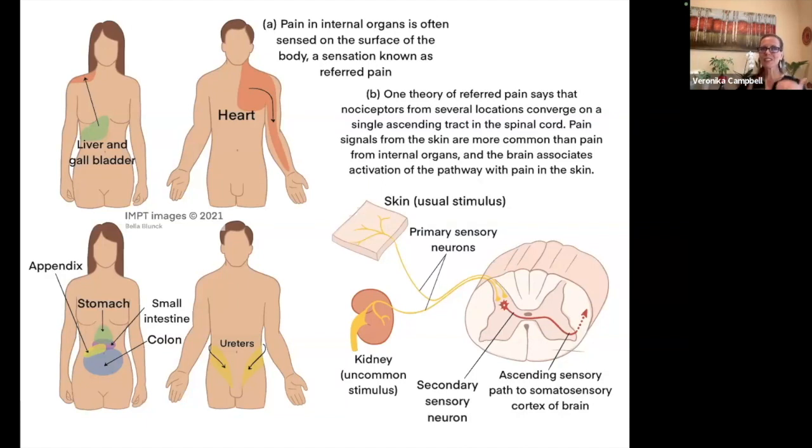So this crosstalk can start to happen because if you look at C5 is most of the motor to the shoulder, right? Our pecs, our delts, our rotator cuff muscles. So they're coming in through the same level of C5 and the brain misinterprets where the signals are coming from. And so you'll get pain in the area of the sternum and chest, but you can also have pain and sometimes just pain in the arm.